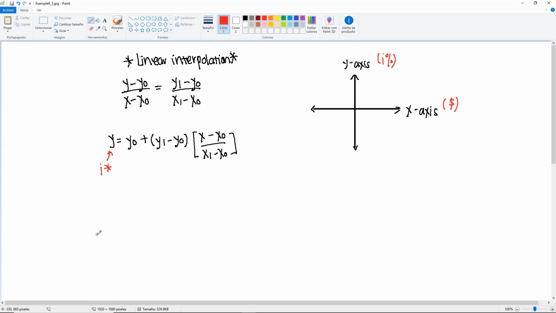Okay, so now if we were to apply this formula to that coordinate plane, then again we have the y-axis and we have the x-axis, which is our money. Okay, as I mentioned, we need to interpolate, or we need to find a point between two other points.